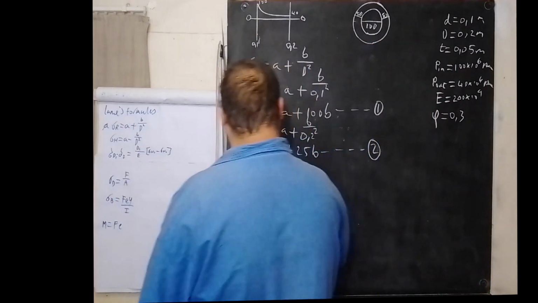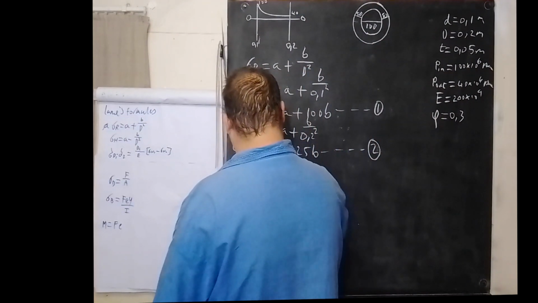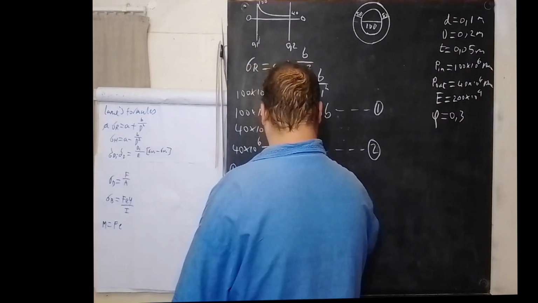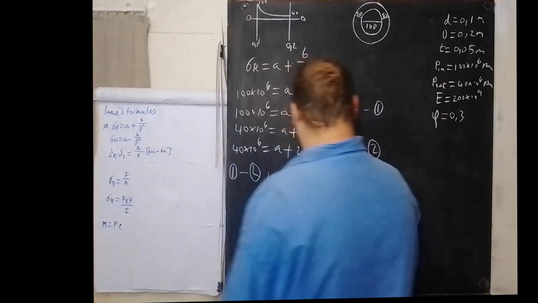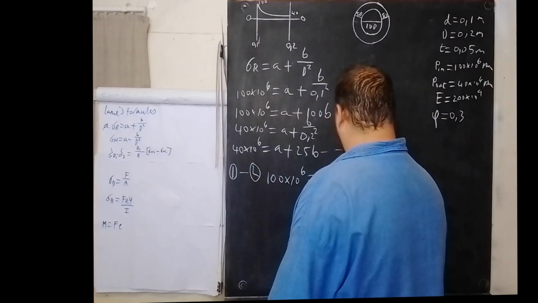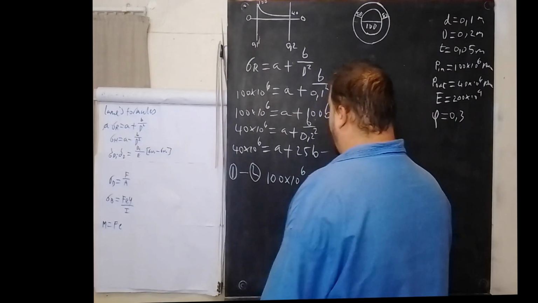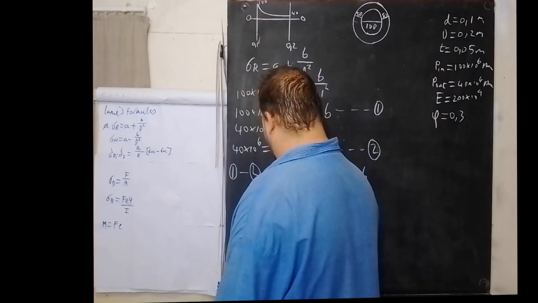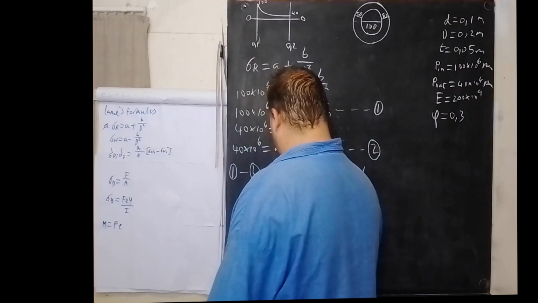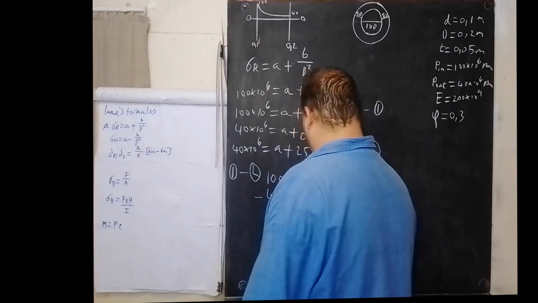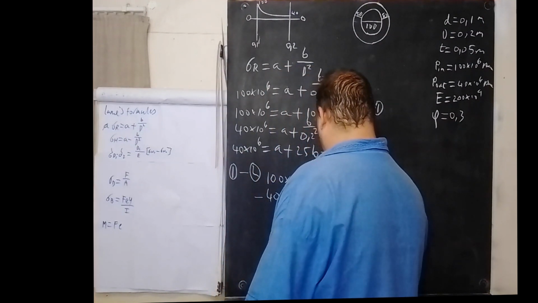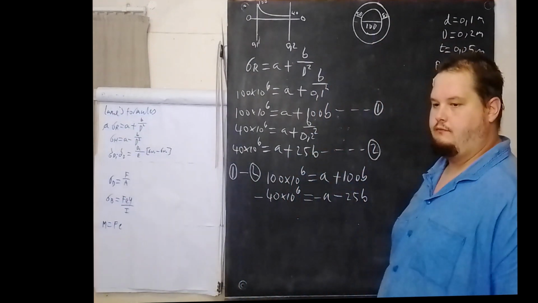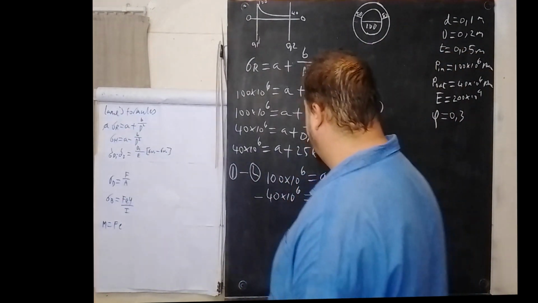So 100 times 10 to the 6 equals A plus 100 B. Now this is 1 minus 2, so we get a minus here. So minus 40 times 10 to the 6 equals minus A minus 25 B. Now we subtract them from each other.